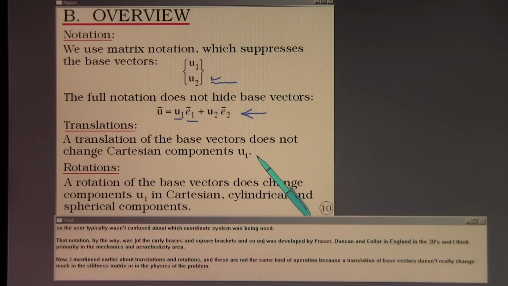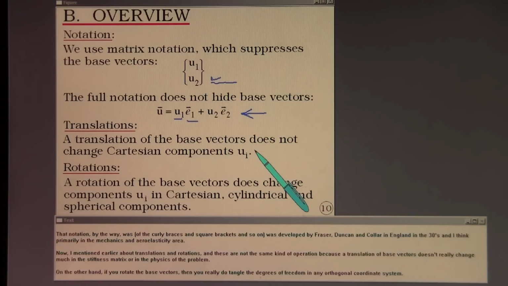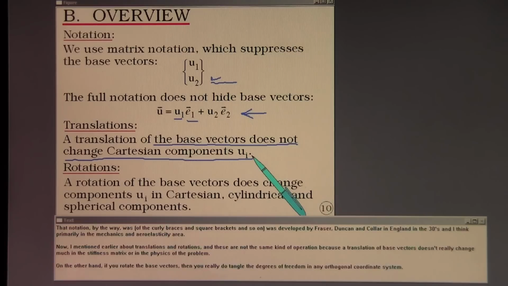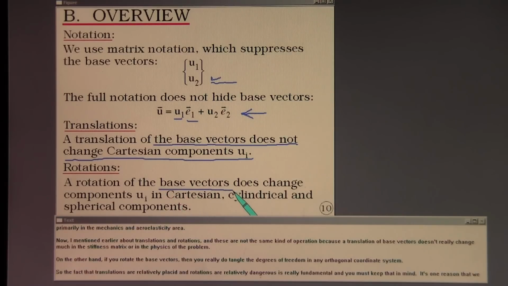Now, I mentioned earlier about translations and rotations, and these are not the same kind of operation, because a translation of base vectors doesn't really change much in the stiffness matrix or in the physics of the problem. On the other hand, if you rotate the base vectors, then you really do tangle the degrees of freedom in any orthogonal coordinate system.